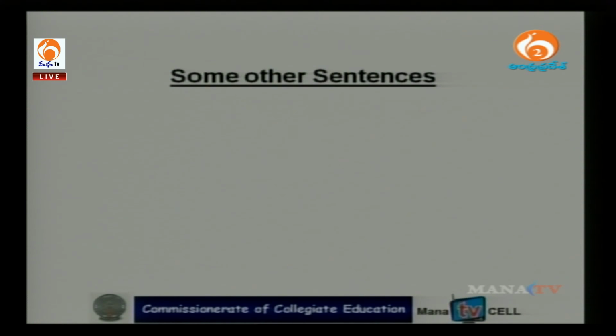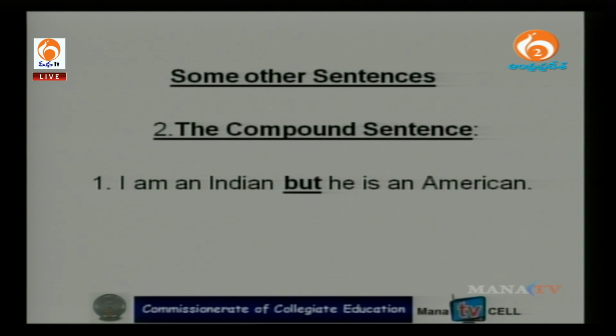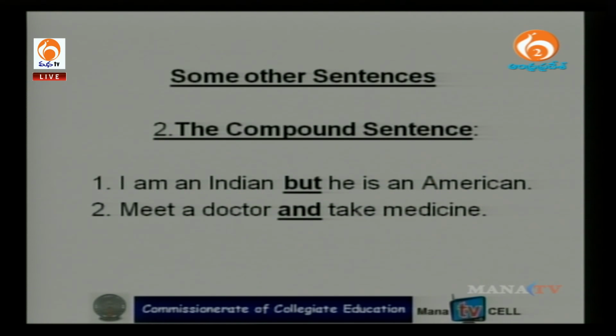Now, look at another kind, the compound sentence. Look at the examples. I am an Indian, but he is an American. Meet a doctor and take medicine, sit down or go away. Here you will find two sentences in the first sentence: I am an Indian, he is an American.